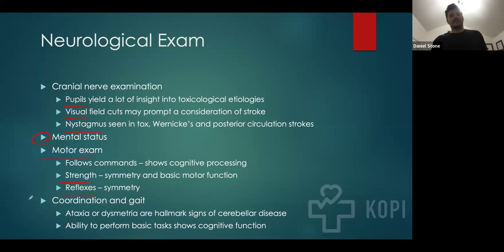You also want to make sure that you assess their coordination and their gait. This is actually generally pretty important. There are a lot of different types of encephalopathy that are associated with ataxia. And performing basic tasks also shows the patient's ability to act independently.